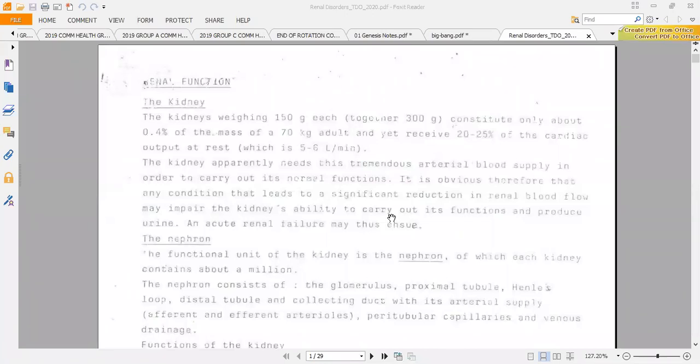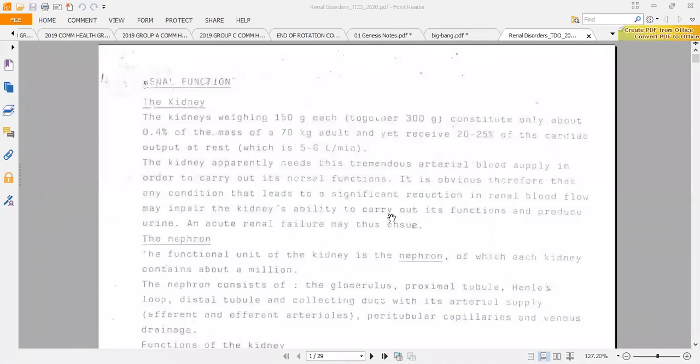And then we know the function of the distal convoluted tubule. Its function is also for reabsorption of electrolytes and water, but in this case, the reabsorption is dependent on hormones. That's the reason why for sodium to be reabsorbed at this part, you need aldosterone.